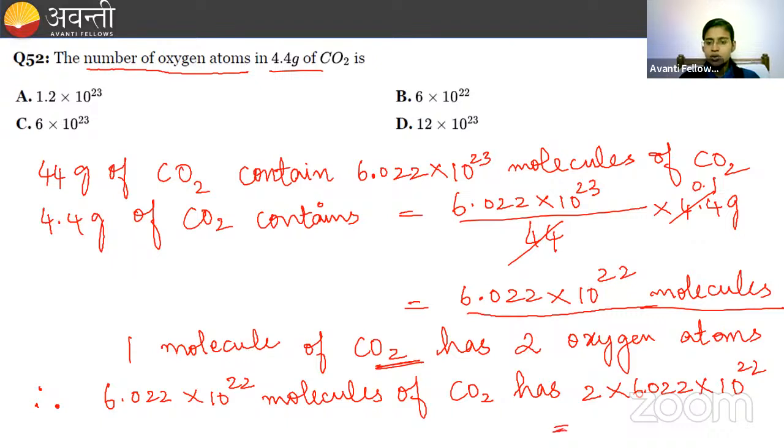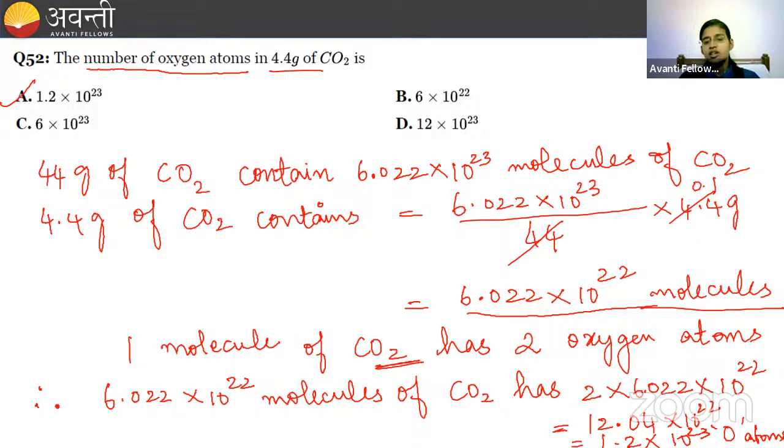So it will be equal to 12.04 into 10 to the power 22, which is equal to 1.2 into 10 to the power 23 oxygen atoms. Okay, because in the question we have the values with the 10 to the power 23 for 1.2, right? So option A is coming out to be the correct answer for this question.